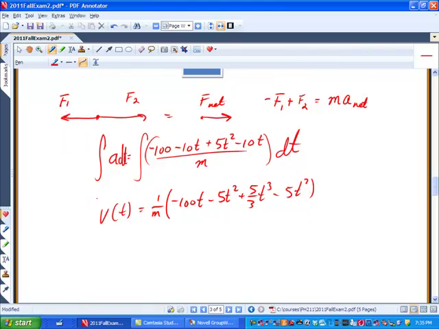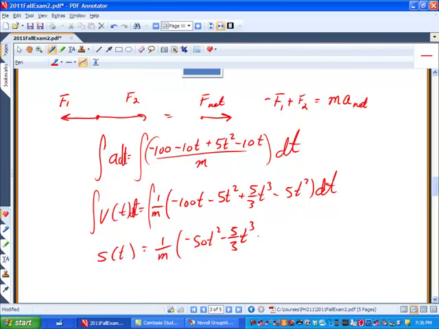And if we're asked to find the position, we need to integrate one more time, again with respect to dt on both sides. And that's going to give us that position as a function of time is going to equal 1 over m times minus 50t squared, subtract 5/3 t cubed, add 5/12 t to the 4th, subtract 5/3 t to the 3rd.